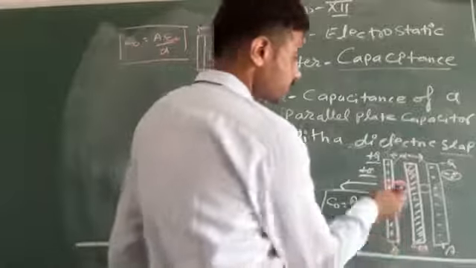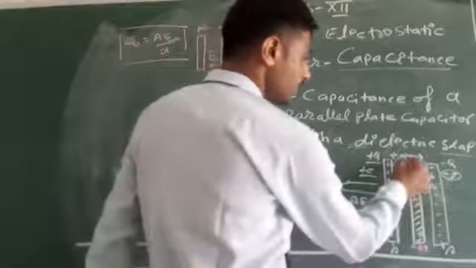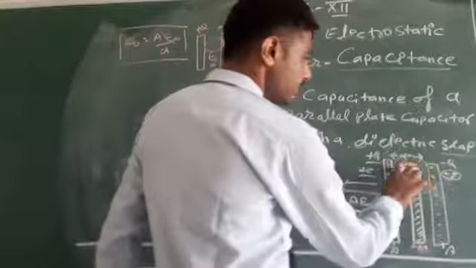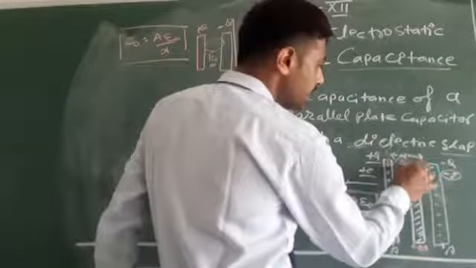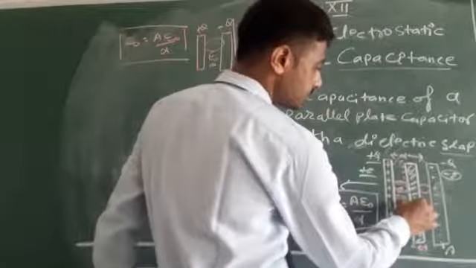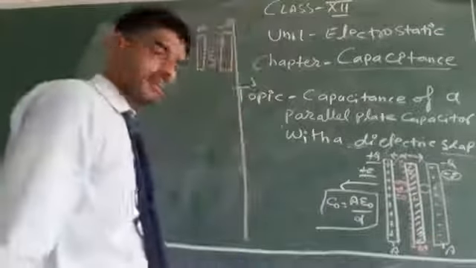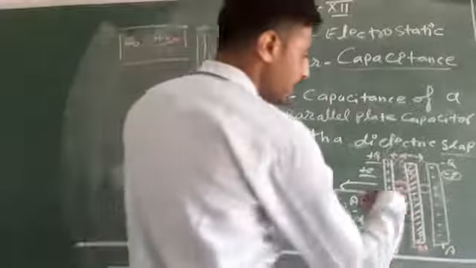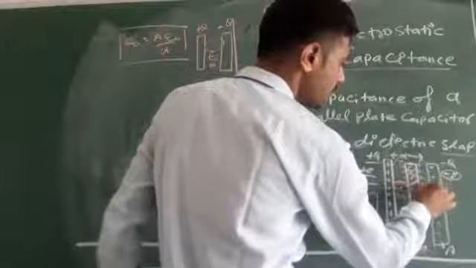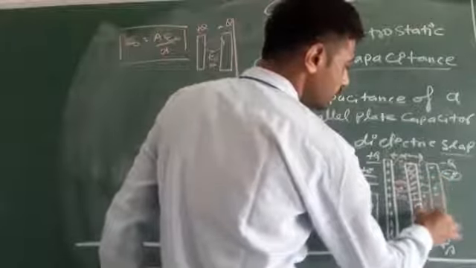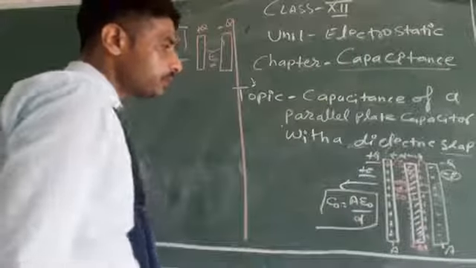Because this is the positive charge plate, due to induction on this side of the slab negative charge will appear, and on the opposite side of the slab positive charge appears due to induction.